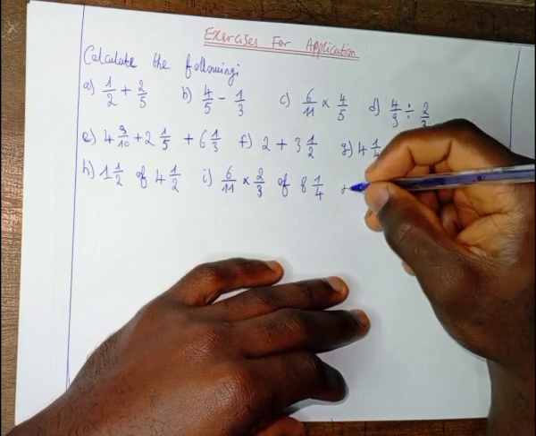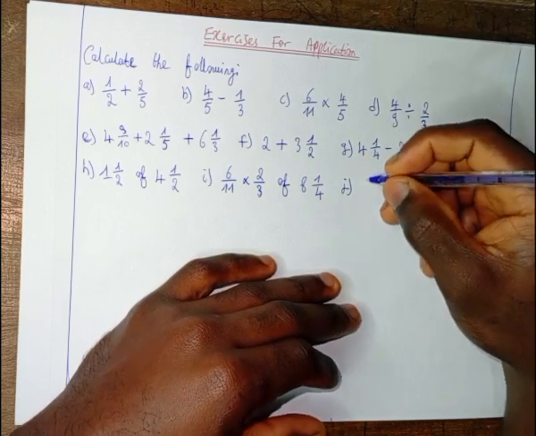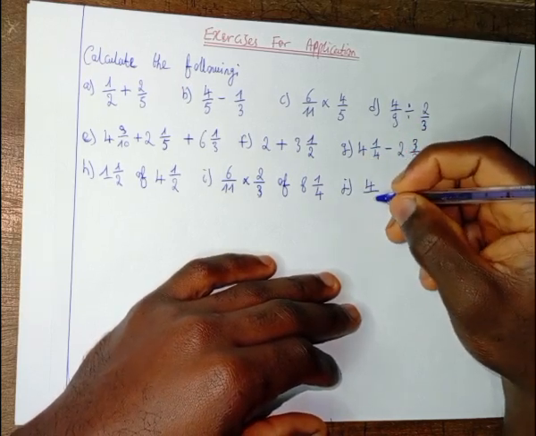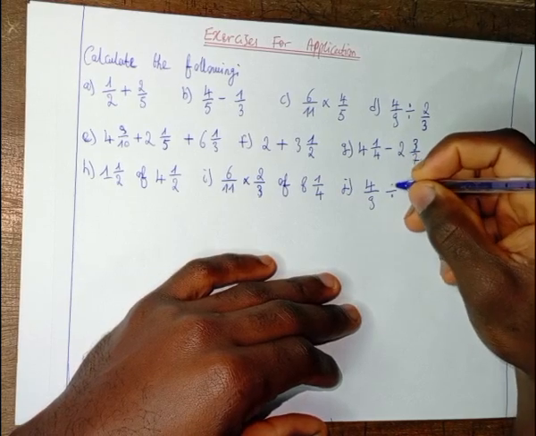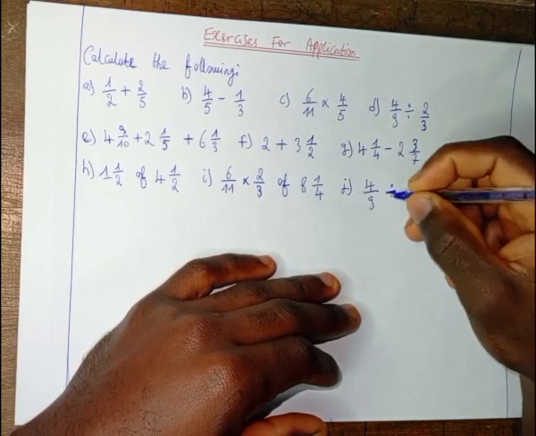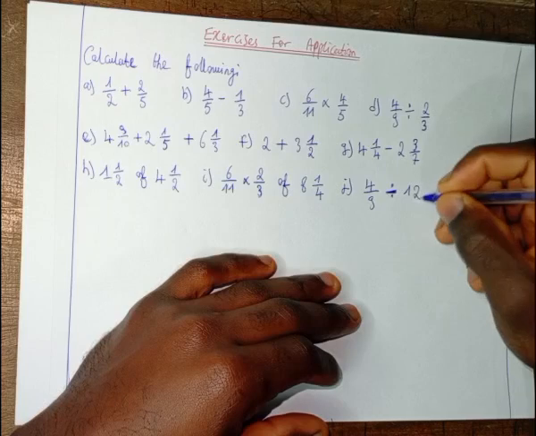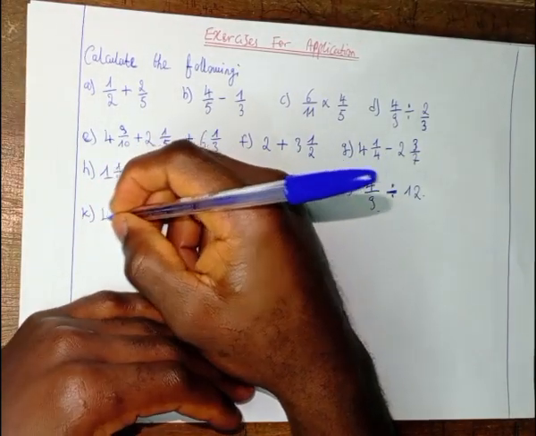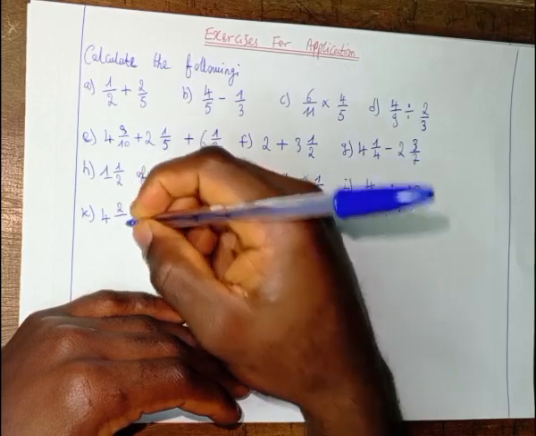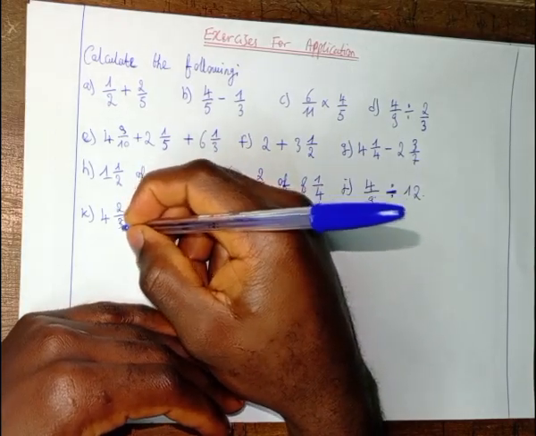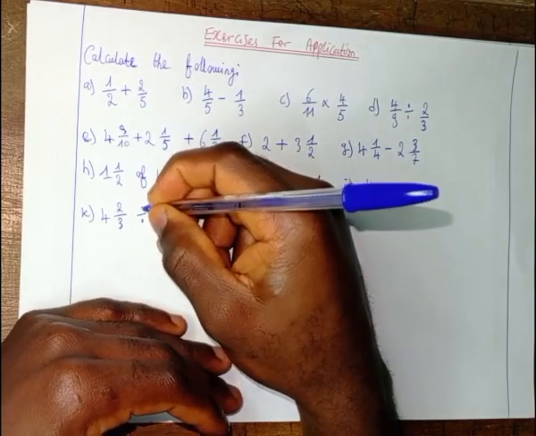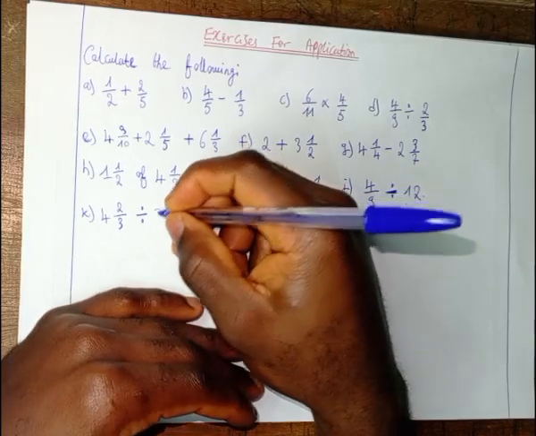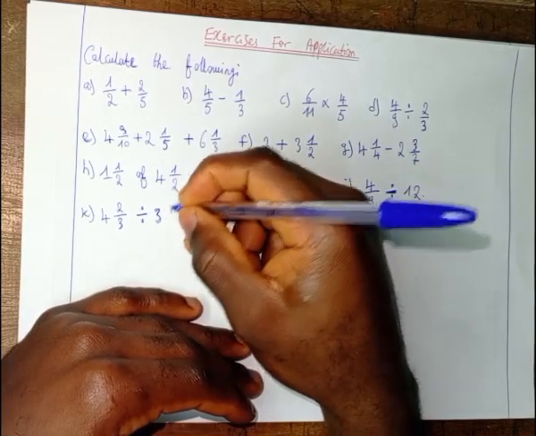We go now to J. J, we have 4 over 9 divided by 12. Now to K. K, we have 4 and 2/3 divided by 3 and a half.